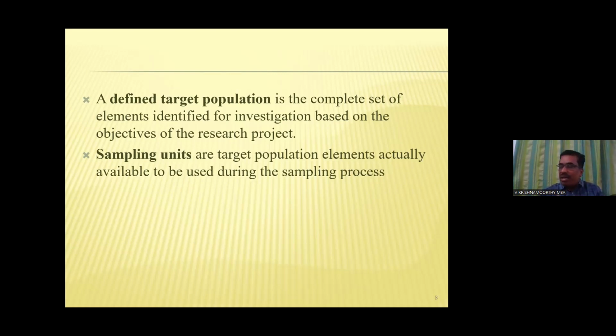Since you have not defined your sampling unit properly, whether it is an individual customer, household customer, or business customer, we will land up with some problem. So we should define the sampling unit properly.